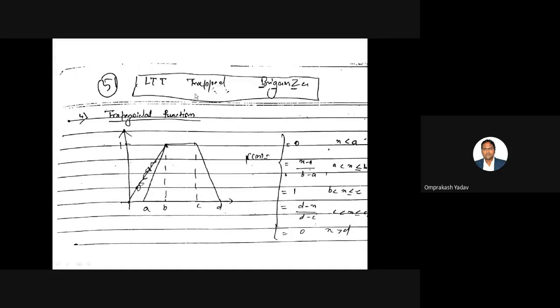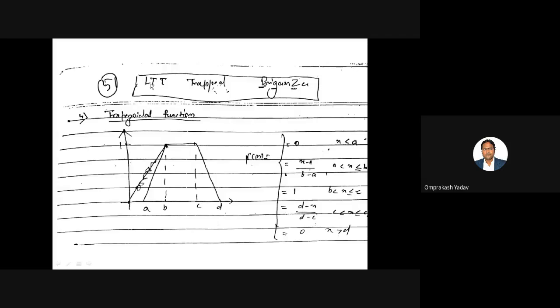Okay, so for remembering purpose, LTT trapped Briganza. With this, L is the L function, first one. T is the triangular function, then trap is the trapezoidal function, okay? B is the bell shape, G is Gaussian, and Z is the ZA function.